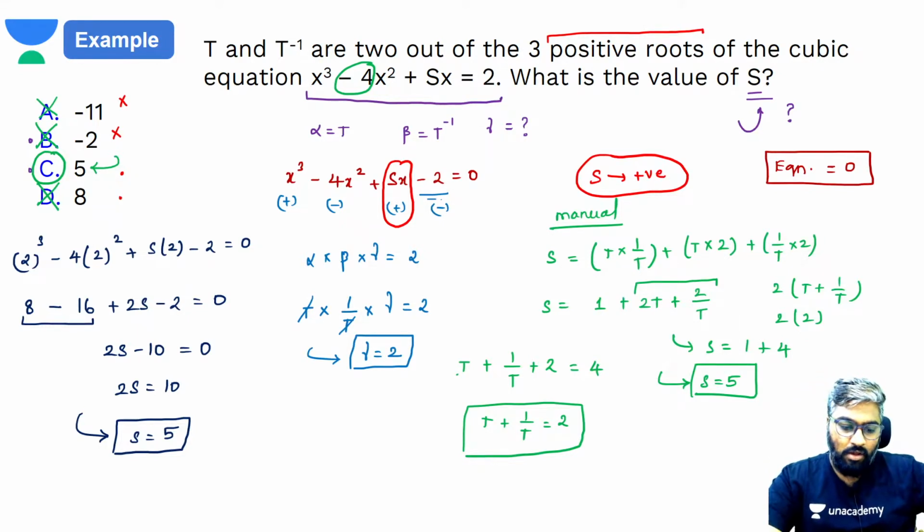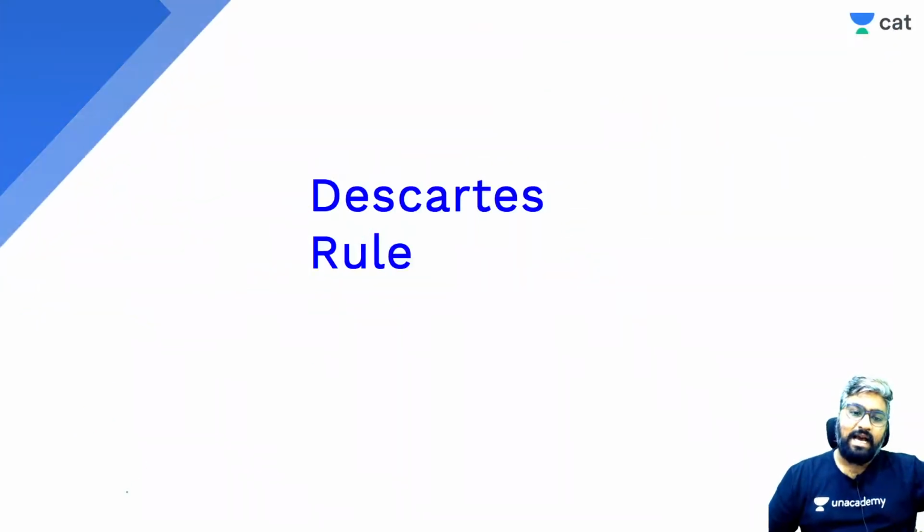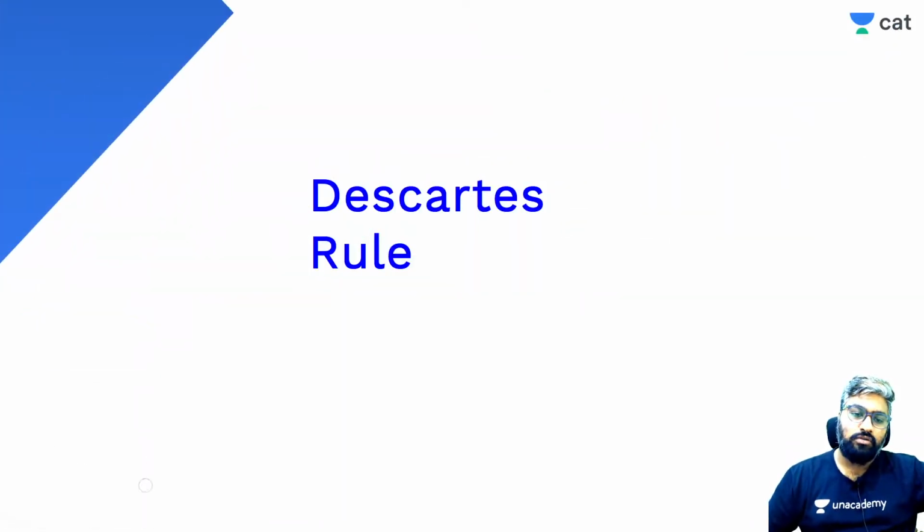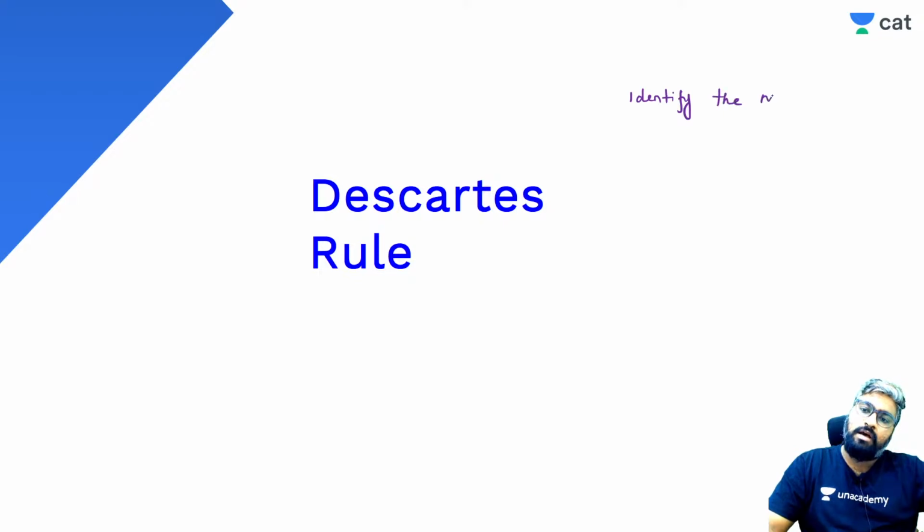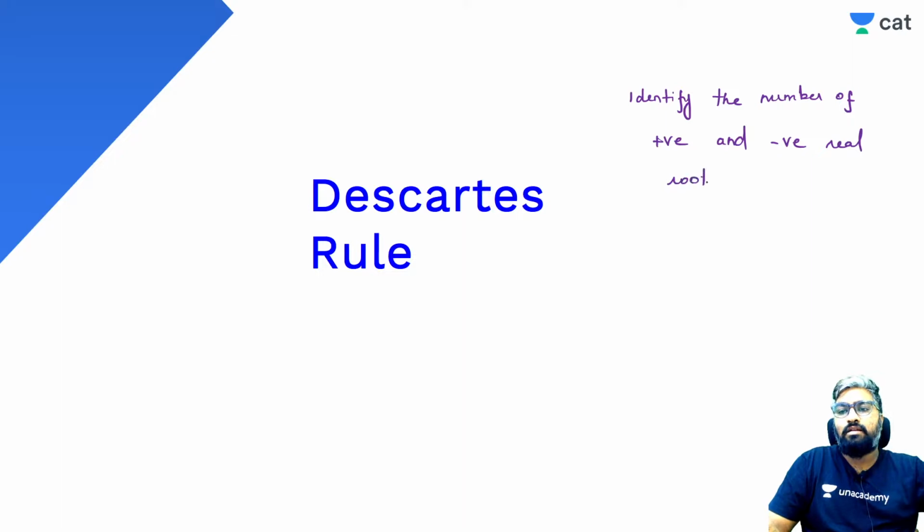Okay, guys. This Descartes' rule we will be doing tomorrow. In Descartes' rule, you can identify the number of positive and negative real roots of a given polynomial equation.